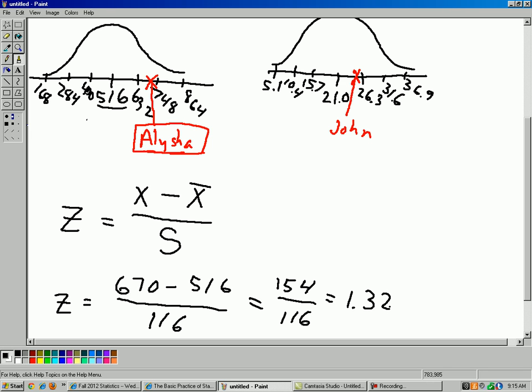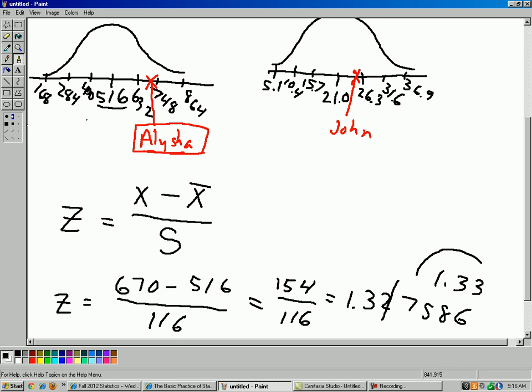Now my calculator says 1.327586, and the digits keep going. Usually people round off to 2 or 3 digits after the decimal point. So let's go ahead and just round this off. How about just cut it off right there? So about 1.33.